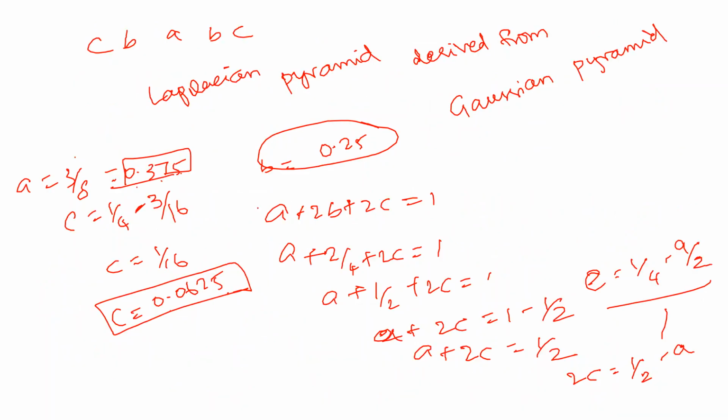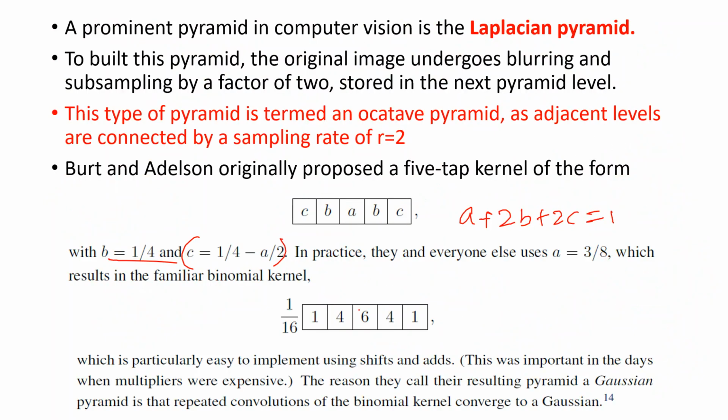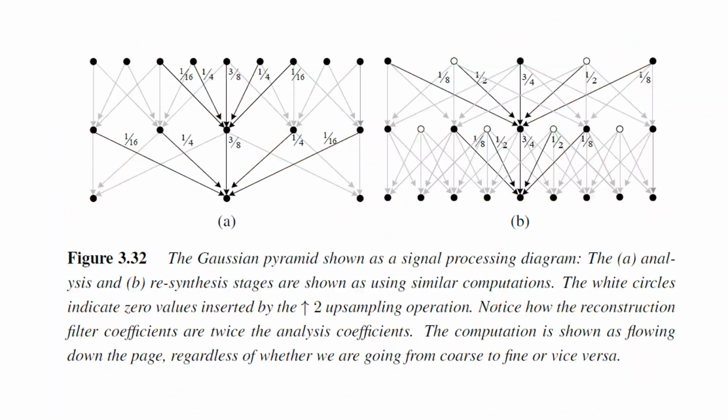Now we have these values: 0.0625, 0.25, 0.375, 0.25, 0.0625. Multiplying everything by 16, we will get the values 1, 4, 6, 4 and 1. We are dividing by 16, so this is the final binomial kernel we can use for Gaussian purposes.